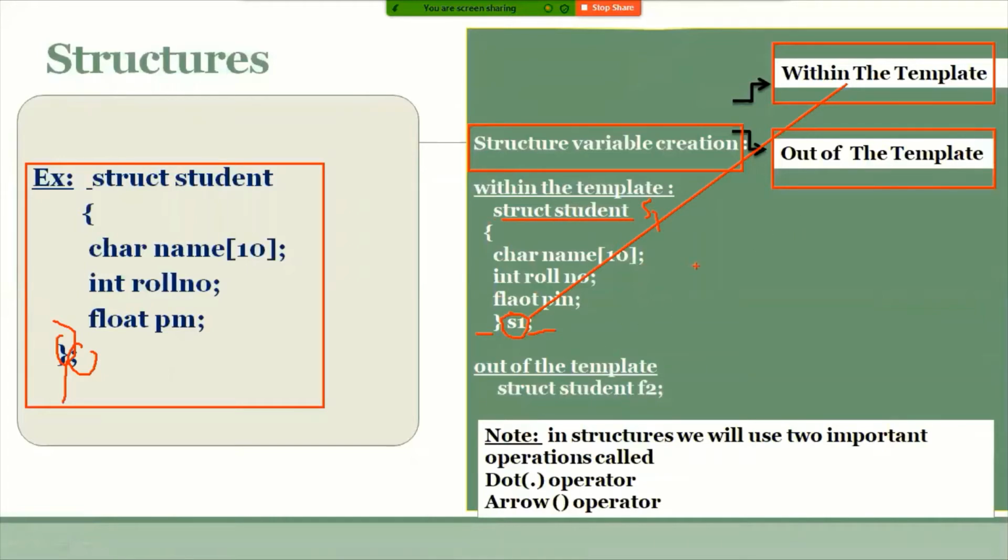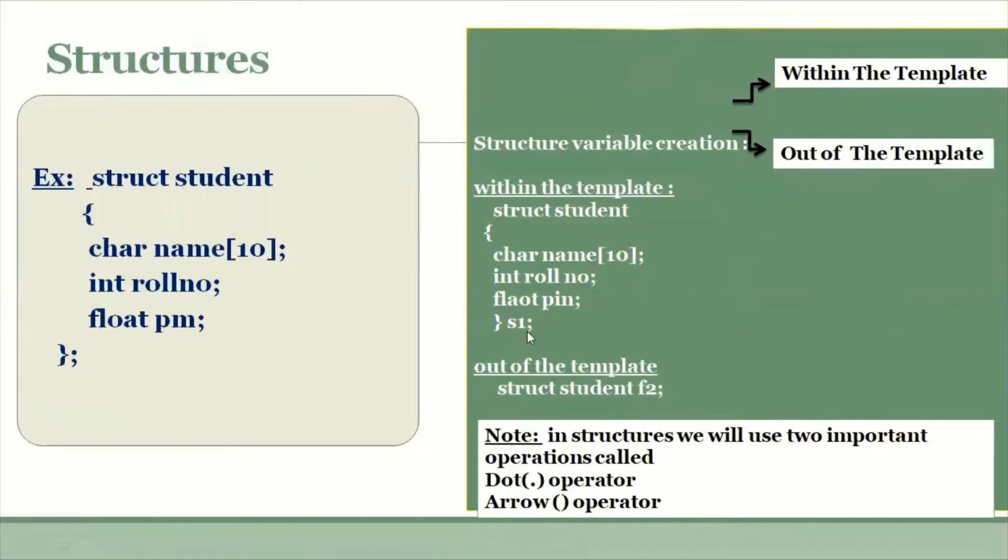Immediately, on seeing this, the compiler will allocate memory for that S1. And I can even create a structure variable out of the template. Out of the template means after the semicolon.